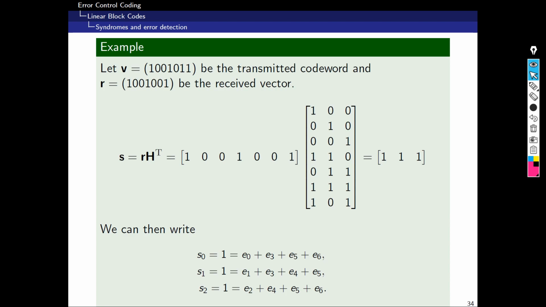How do you map this? Using the generator matrix, because V is equal to U multiplied by G. So if you want to know U, you can say that it's equal to V multiplied by G inverse. Or you can use a mapping table.